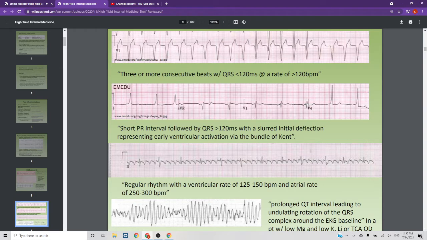Anything that slows AV conduction. So beta blockers are contraindicated. Digoxin is contraindicated. The calcium channel blockers that affect the AV node, verapamil and diltiazem, are contraindicated. Because remember, anytime we slow conduction through the AV node, that's just allowing more of a signal to go through that squirrely bundle of Kent and screwing it up even worse.